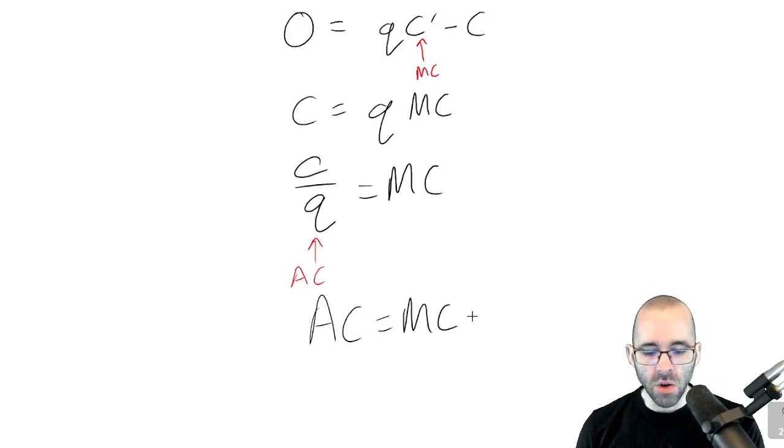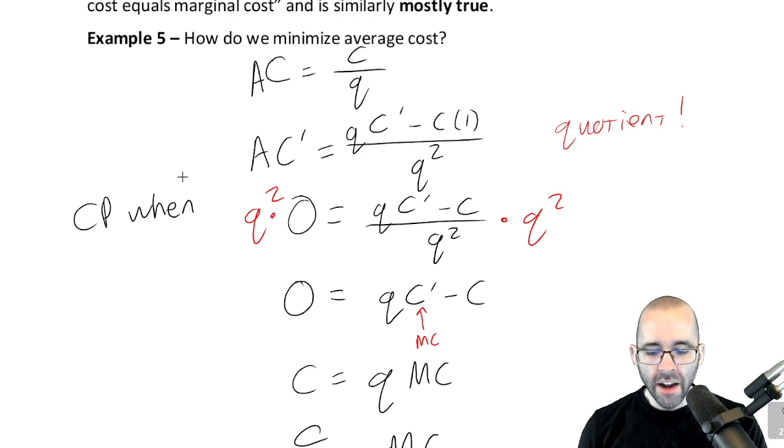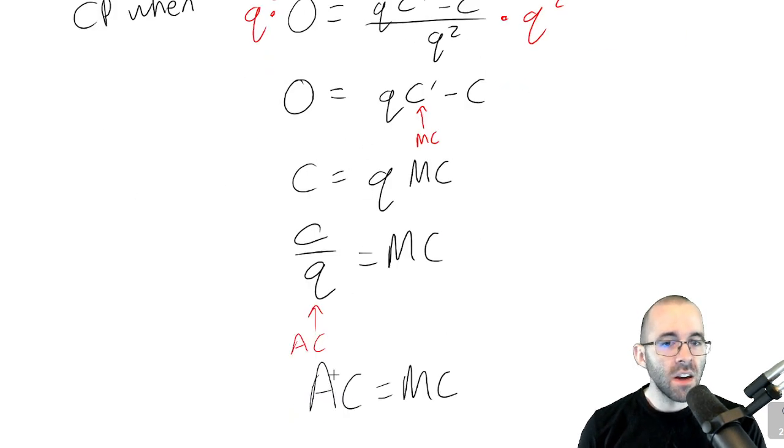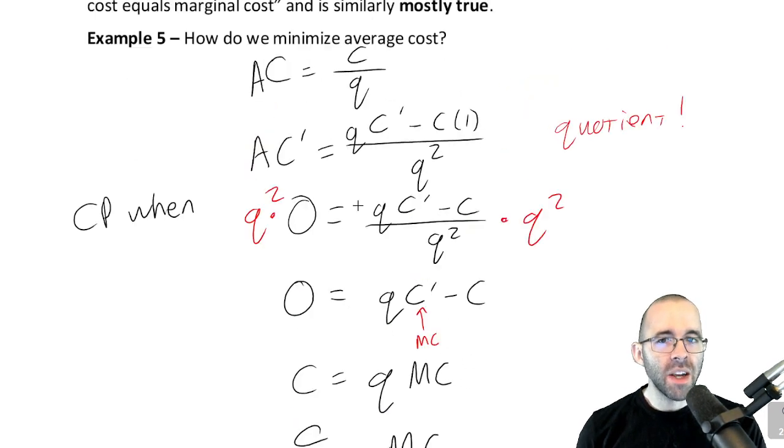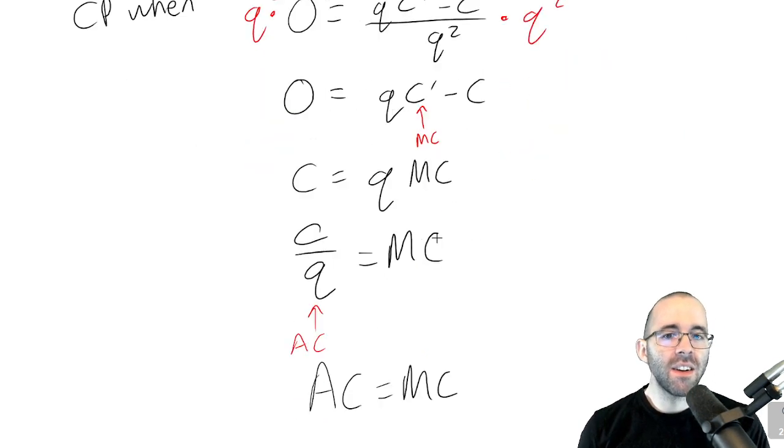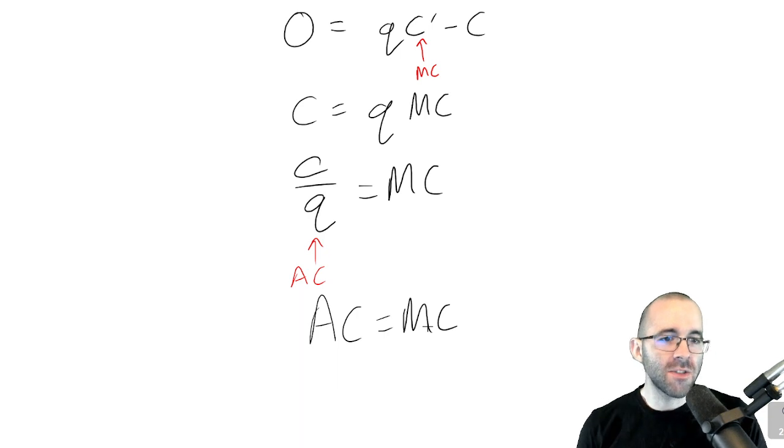So we just showed that a critical point of average cost occurs when average cost equals marginal cost. Because we know what average cost is. We know there's a critical point when its derivative equals 0. This is its derivative. We found when the derivative equaled 0. It was when the average cost equals the marginal cost.